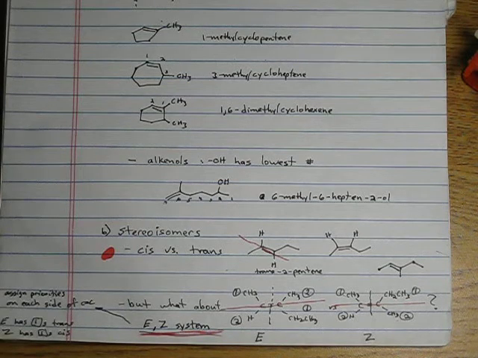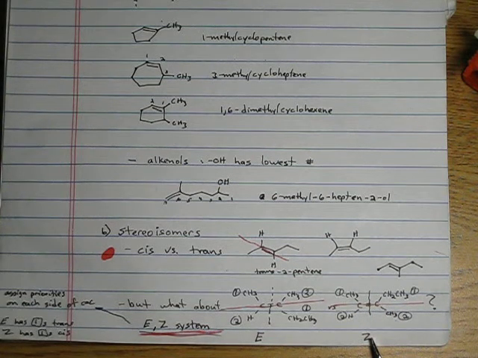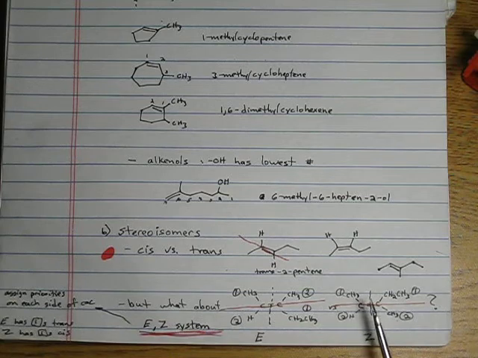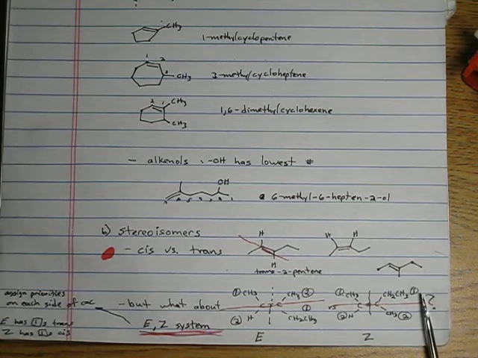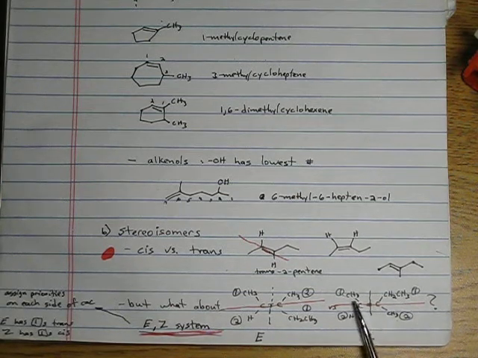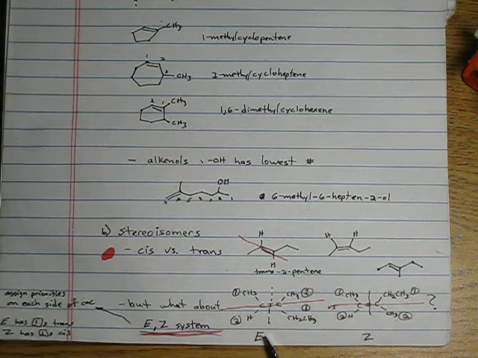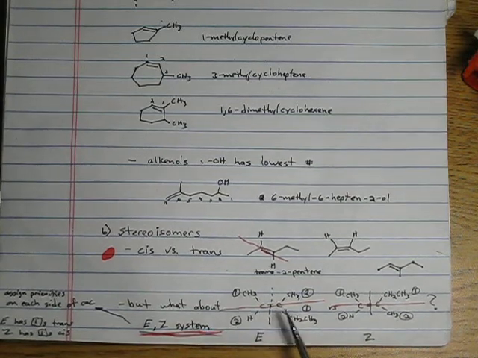You can use your own way, but this is how I do it. The Z isomer has priority 1s on the same side. That's how I say it. Z, same side. E, opposite sides. How dumb is that? Oh, it's exceedingly juvenile. Yes, but that's how I remember it.